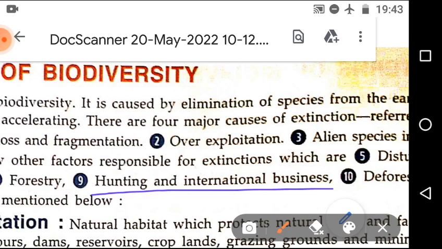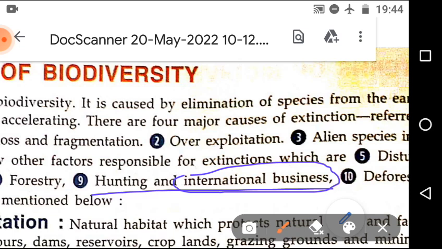So international business, now international business for their horns, that is poaching, right. The tusk of the elephants, the horn of the rhinoceros are internationally in great demand. Their price is very high. Skin of the rhinoceros is used to make bulletproof jackets.